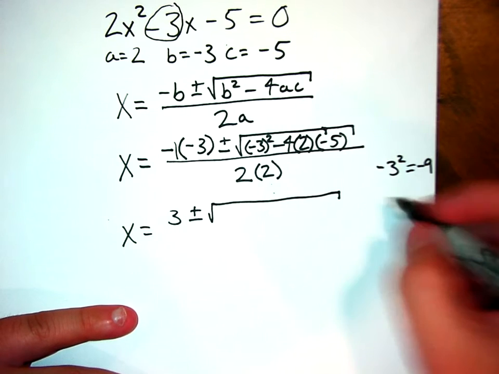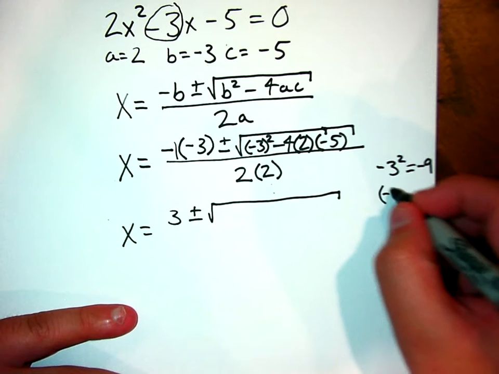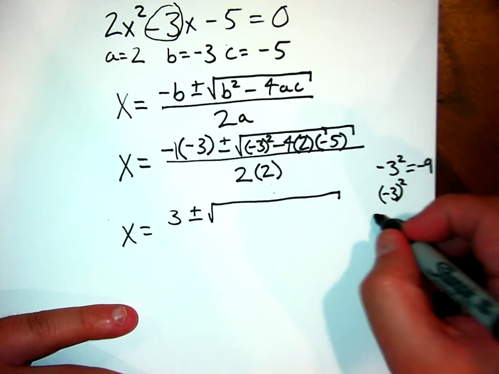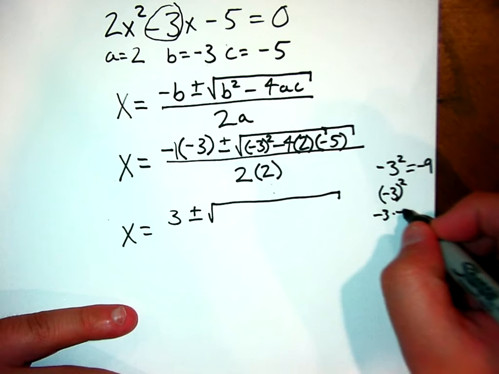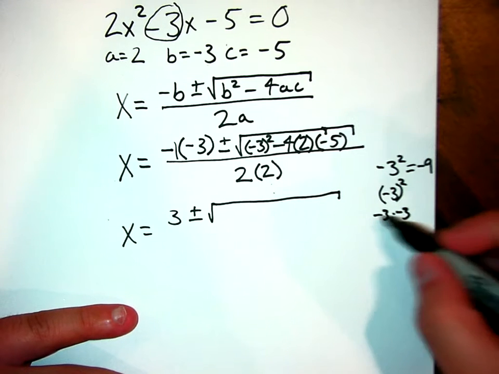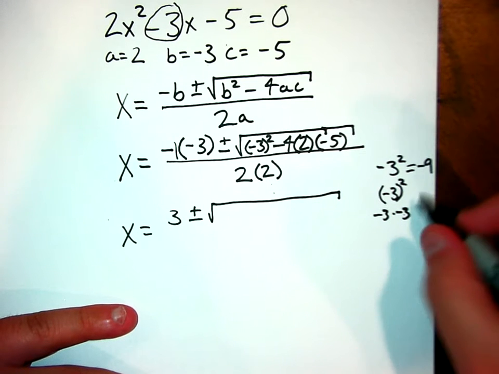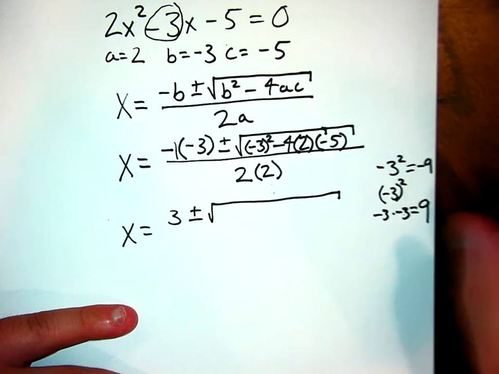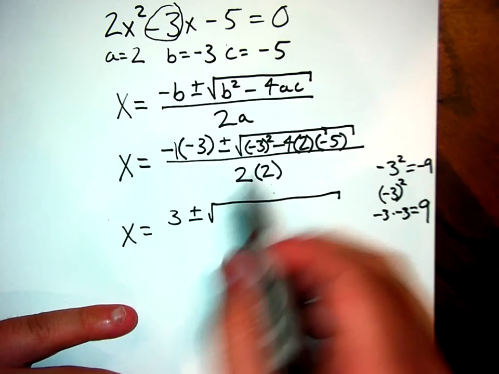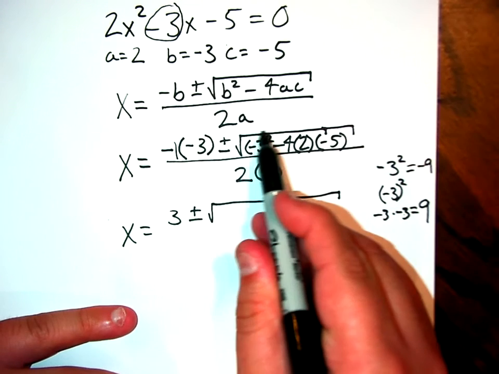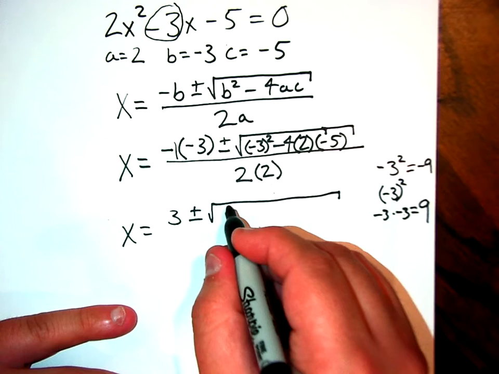So really what we're looking at is negative 3 squared, which is negative 3 times negative 3. And a negative times negative is a positive, so that's going to yield positive 9. Okay, so right here, simplification for this negative 3 squared term is going to be a positive 9.